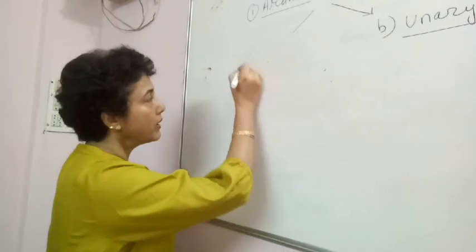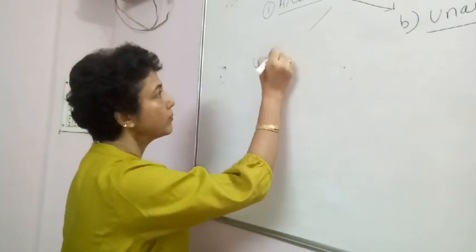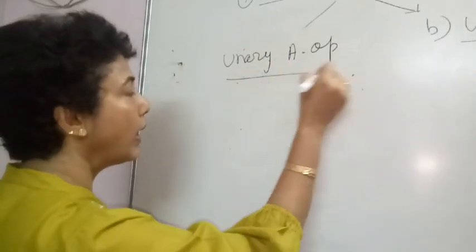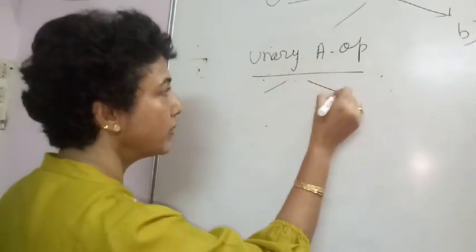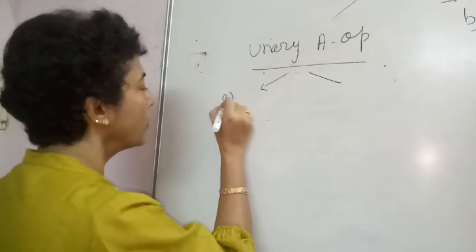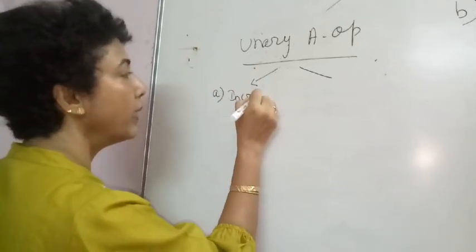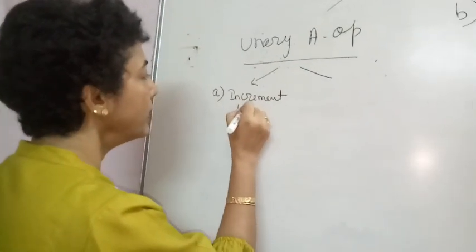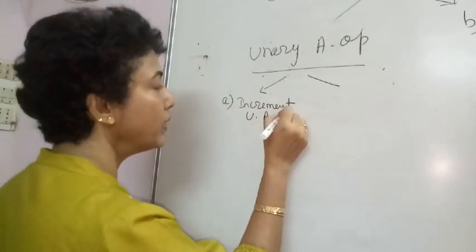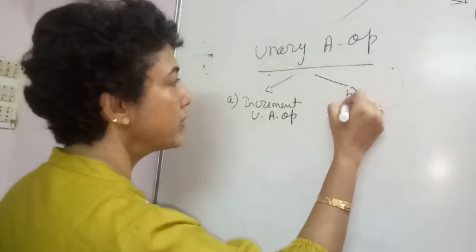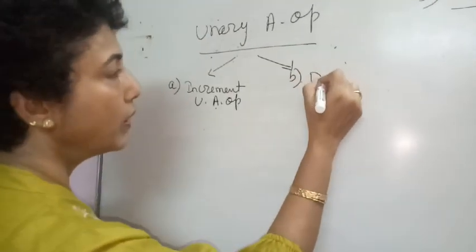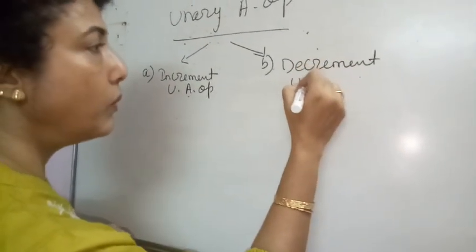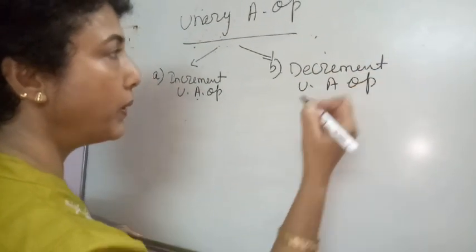Now this unary arithmetic operator is of two types. One is your increment unary arithmetic operator, in short I am writing, and second one is your decrement unary arithmetic operator.